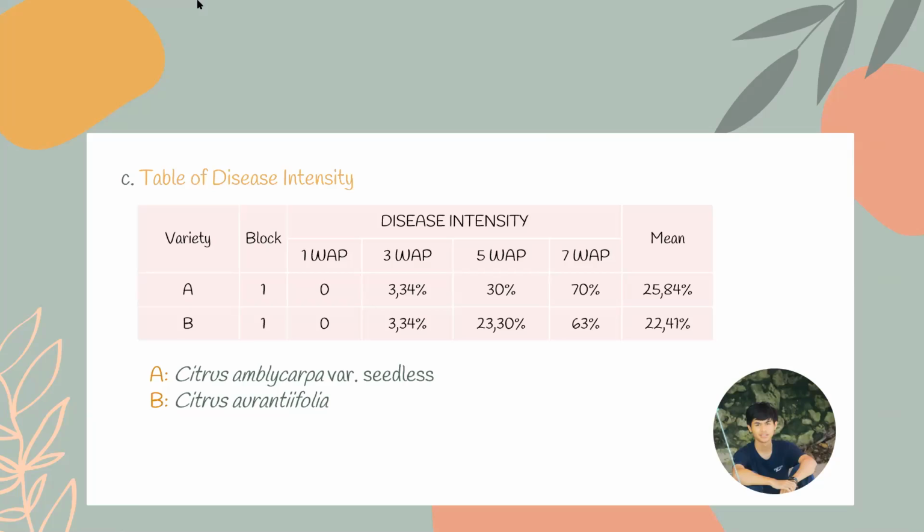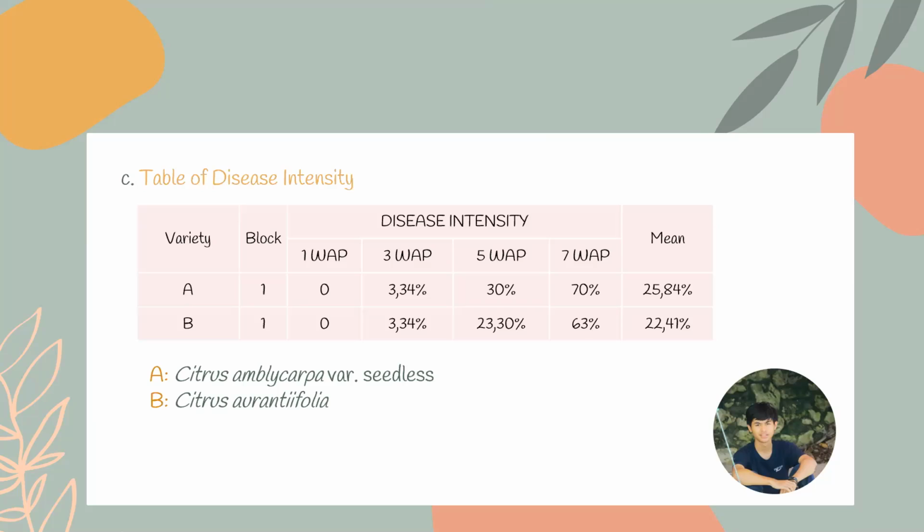And then I will read the table of disease intensity, from monitoring weeks 1, 3, 5, and 7. In the first week of monitoring, in every block, we didn't see any variation showing symptoms of CVPD.